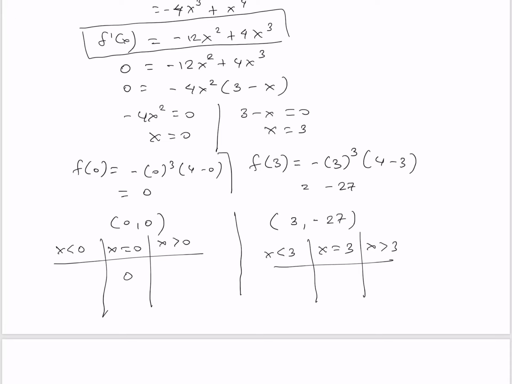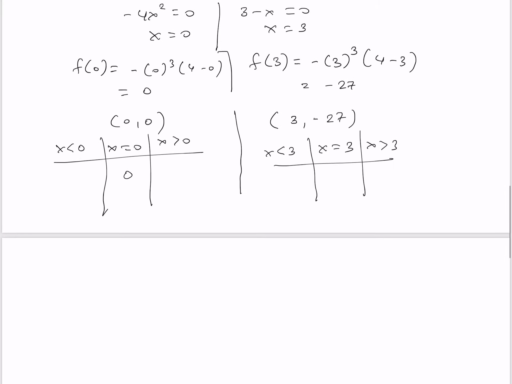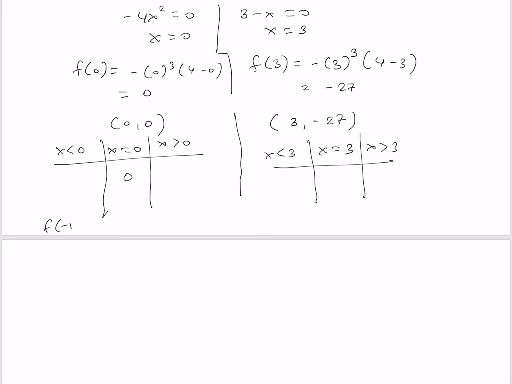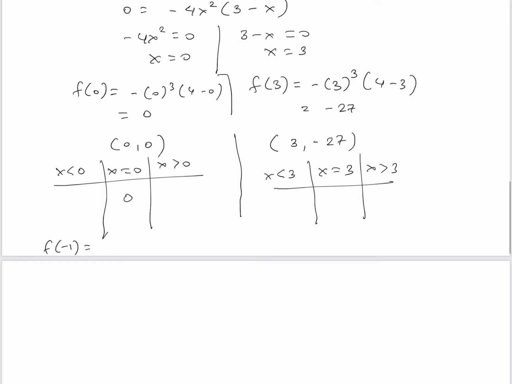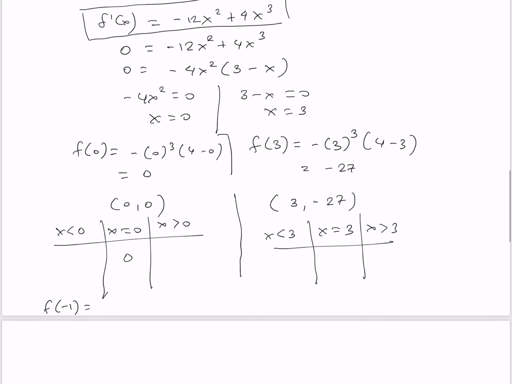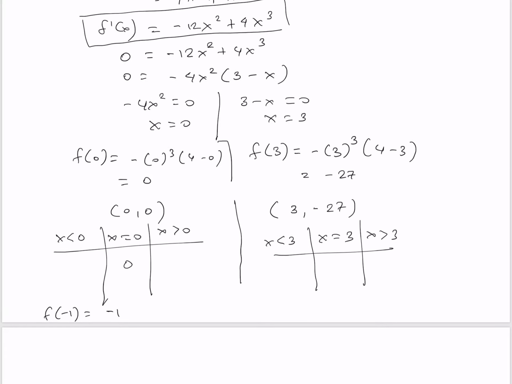For x less than 0, we can use negative 1. So f dash of negative 1 is negative 12 times negative 1 squared plus 4 times negative 1 cubed. That becomes negative 12 minus 4, which gives you negative 16.